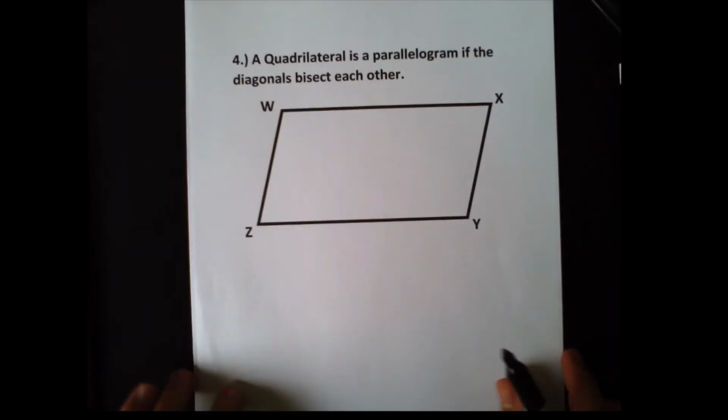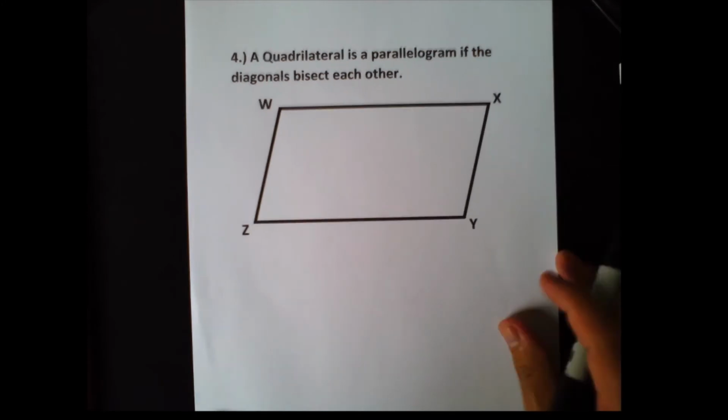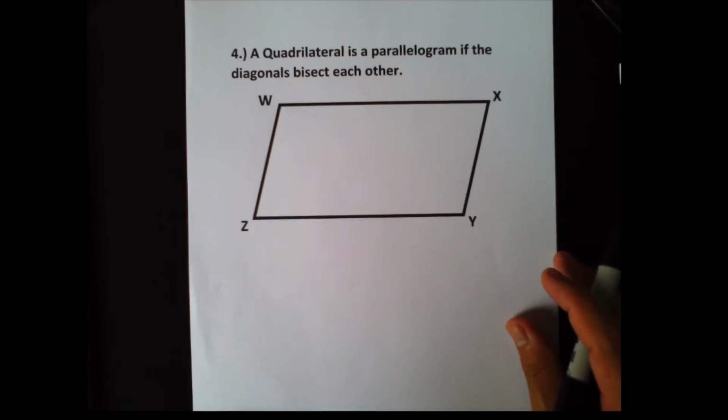Let's have condition number 4. A quadrilateral is a parallelogram if the diagonals bisect each other.